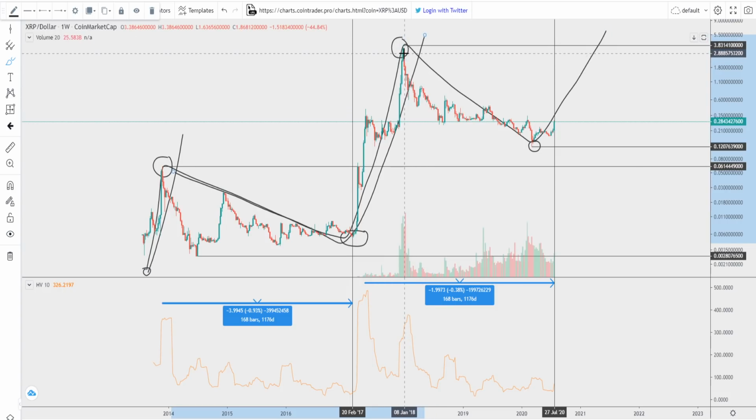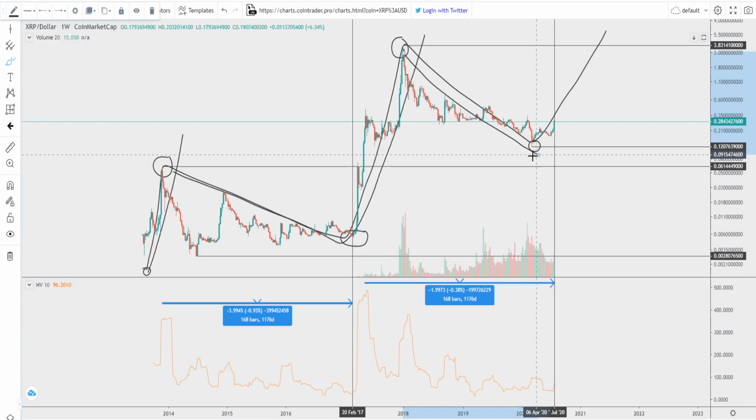Expansion. And then we had what? Contraction before expansion again. And it doesn't matter how this is going to happen. It is going to happen because this is a bull market. The bulls are in control. I already showed you many times. And fear not. XRP is not going back to 1 cent. Okay, this is opium talk.